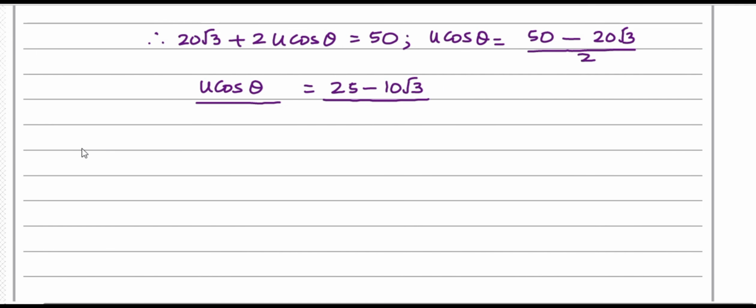Likewise, let's write the vertical distances traveled. Let's call this sy. That is also equal to uyt plus half at squared.